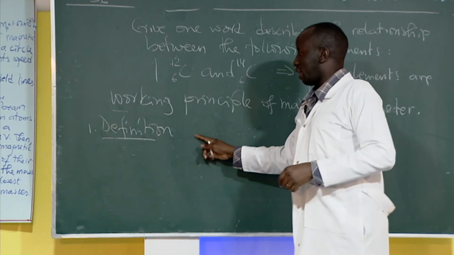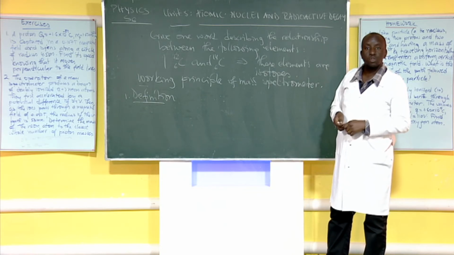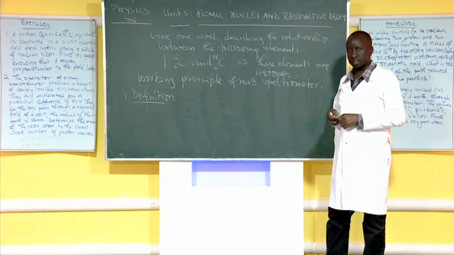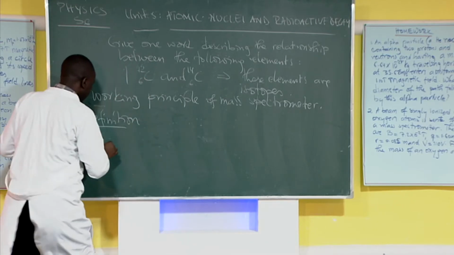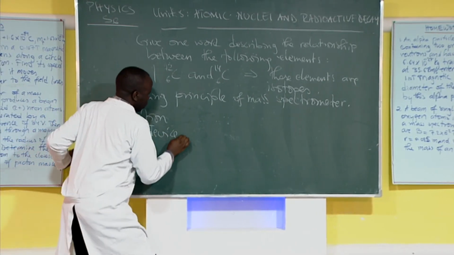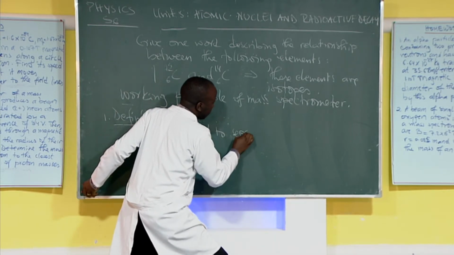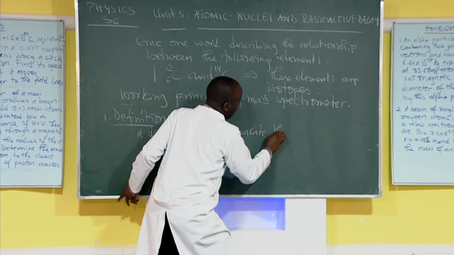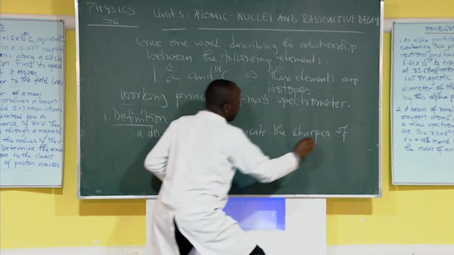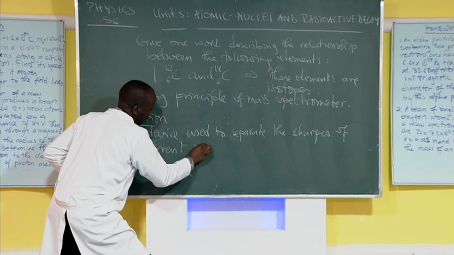A mass spectrometer, as we define it, is a device that is used to separate the charges of different masses.